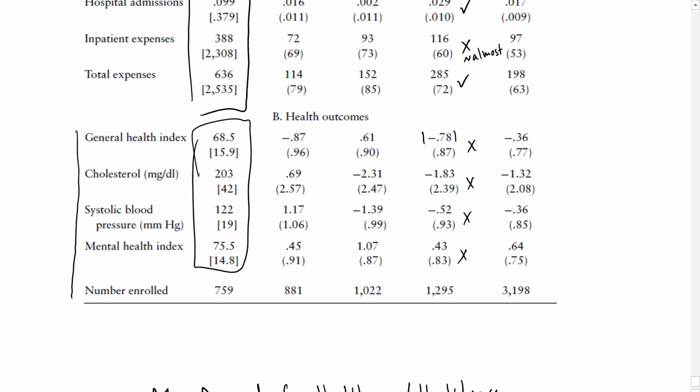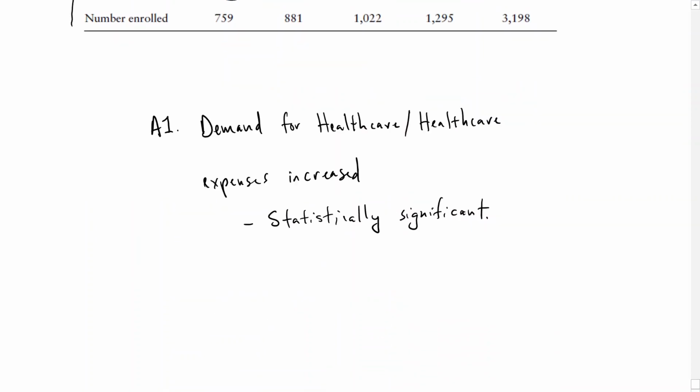Okay, and so what we see is, compared to those with essentially no health insurance, those with free health insurance have no better health outcomes. There's no statistically significant difference in health outcomes for those with insurance and those without insurance. And so that's a pretty huge result, actually.